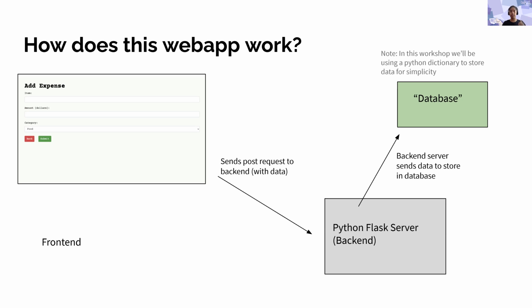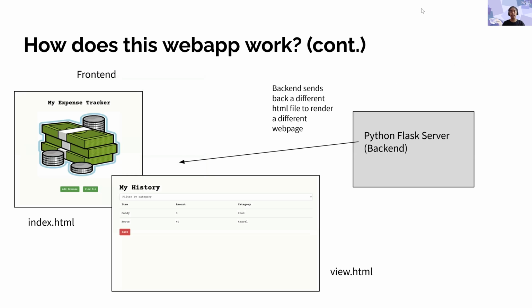And then from the dictionary, it puts that information in there. So whatever you add, let's say it's the candy that she just added, it'll go into that dictionary. So that's how you add stuff.